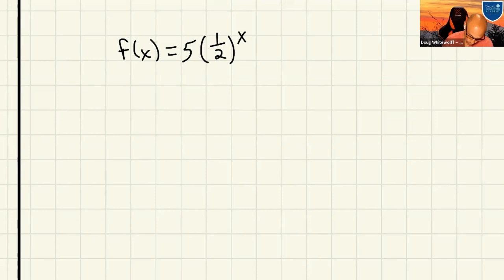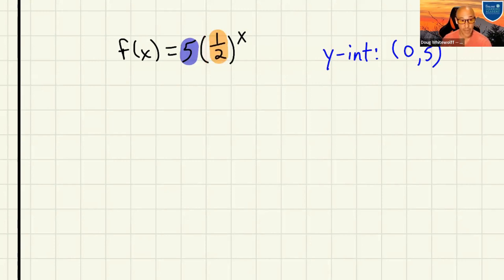So what does this 5 tell us? Do either of you remember? What does the 5 tell us? Yeah, it's the y-intercept. So the y-intercept is going to be the point 0, 5. So we know that will be on the graph. Good. And what does this value 1/2 here, that is the base, tell us?